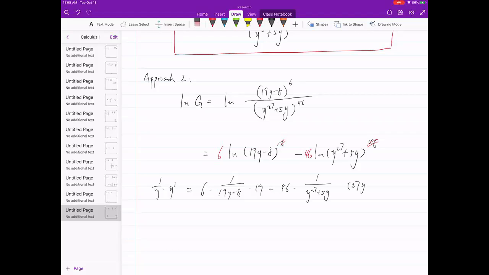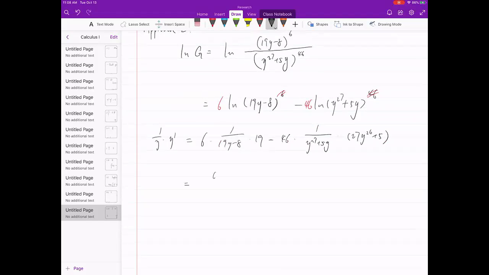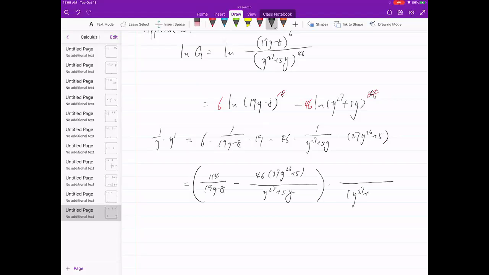Six. Times the y. Okay, this will be the answer if we do log differentiation.